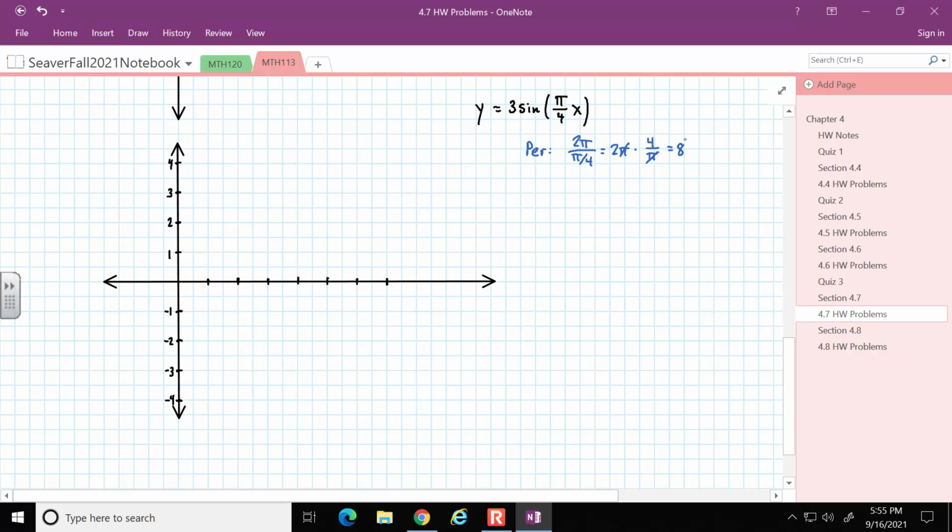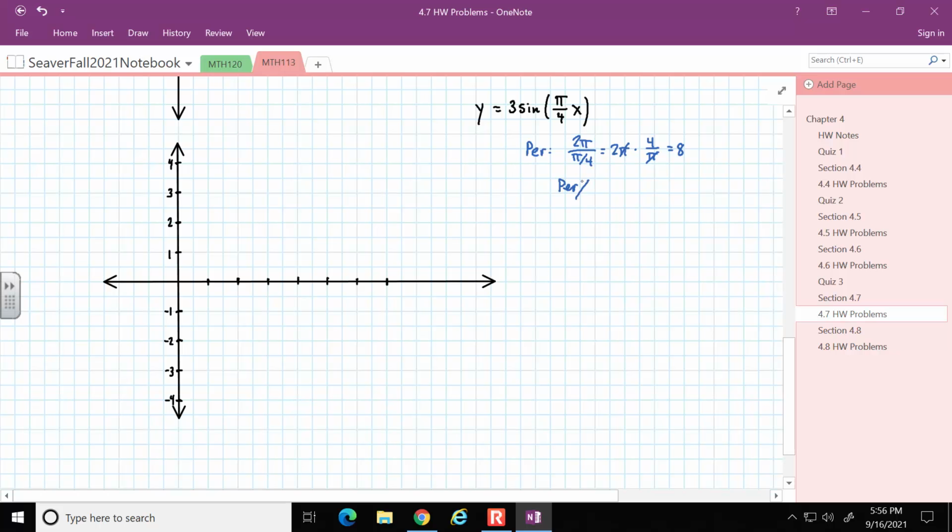So how wide should each of these tick marks be in this case then? I want 4 tick marks to go to 8, essentially, right? So if I take period over 4, that's going to tell me how far.